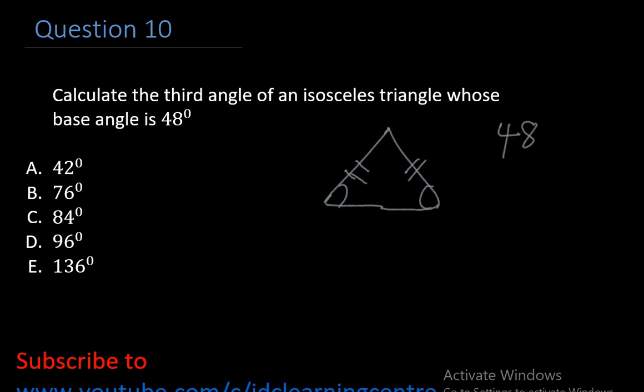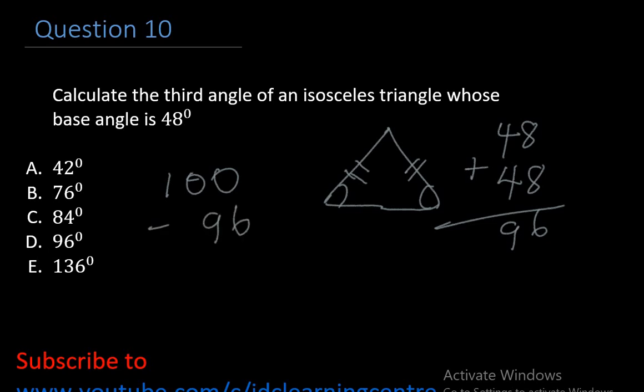So we have 48 plus 48, which will give me the two angles that are equal, 96. Now the third angle will be 180 minus 96, since the sum of the interior angles of a triangle is 180. So you borrow one from here, this reduces to 7, put it here. 10 minus 6 is 4. 17 minus 9 is 8. The answer is 84 degrees.